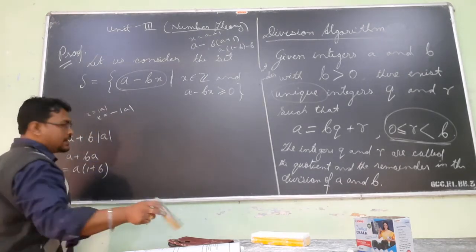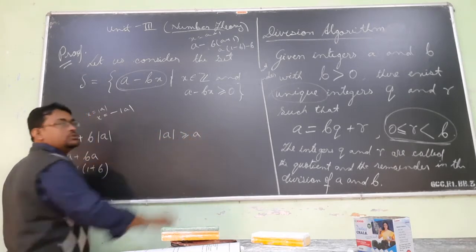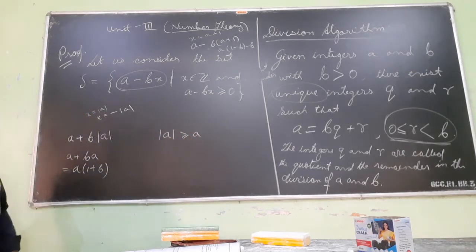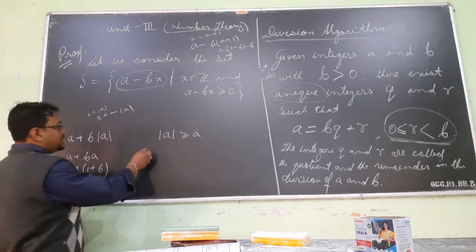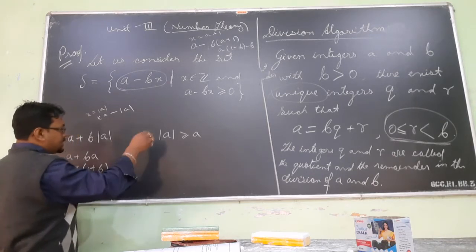The hint that I had given you: modulus of A is always greater than or equal to A. And B is a positive quantity, so B is greater than or equal to 1.